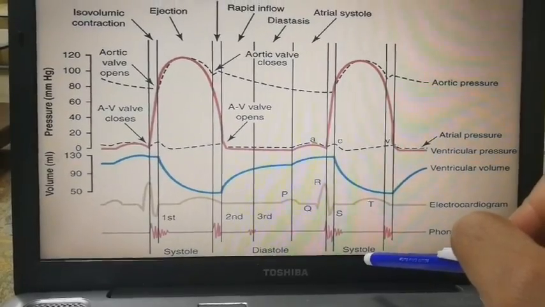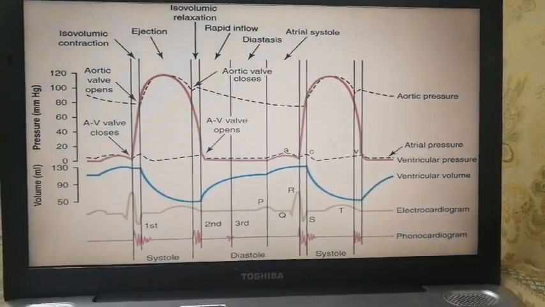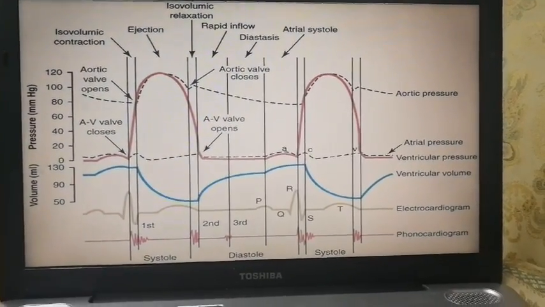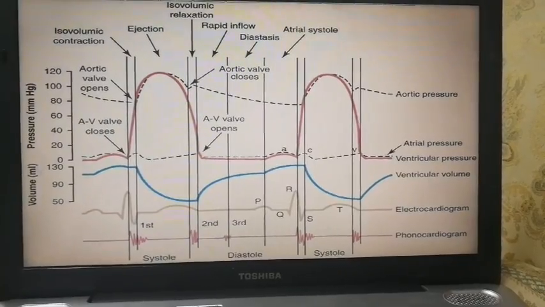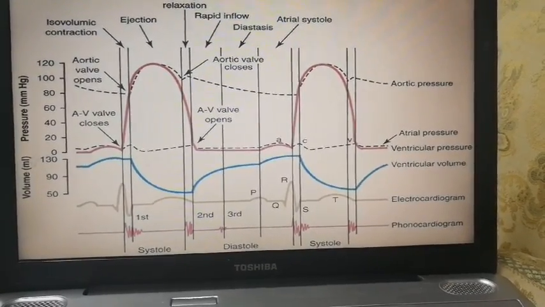So this is the main diagram of the cardiac cycle, where we have correlated the pressure volume changes and each phase of the cardiac cycle with ECG and heart sounds.